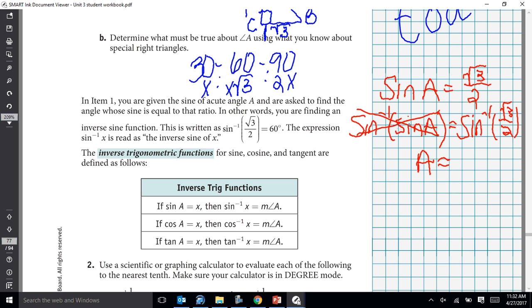Here it says 60, incorrect. I got 60. I don't know how to do the fraction thing.